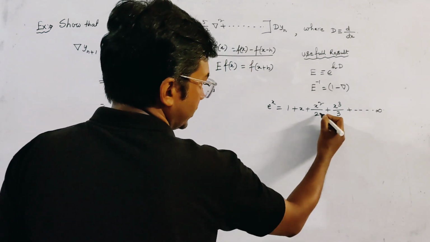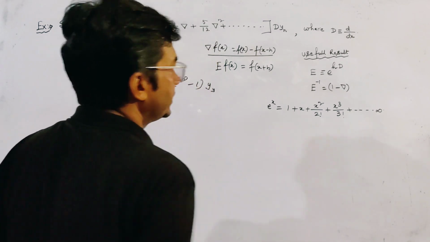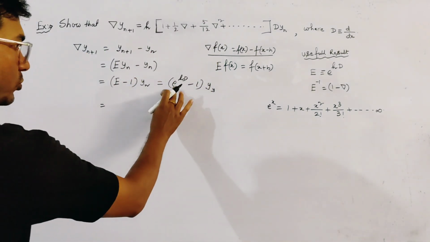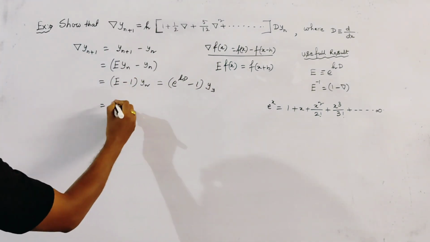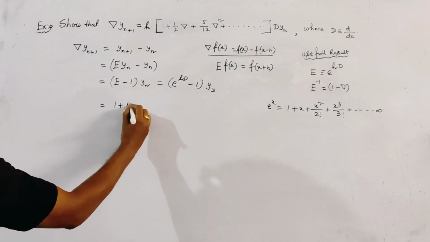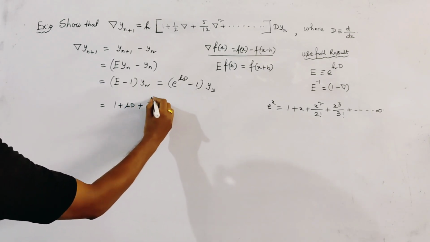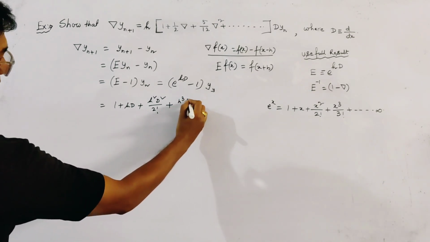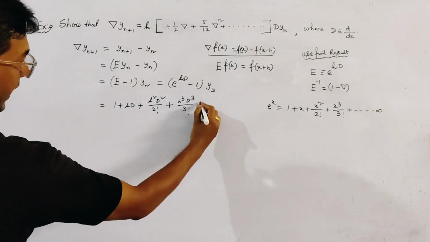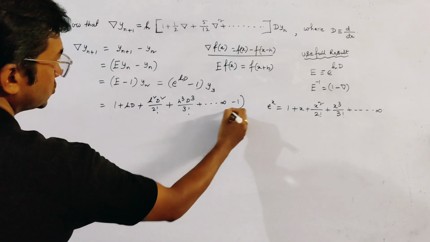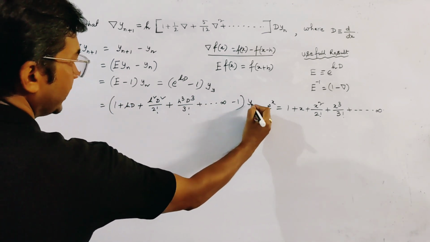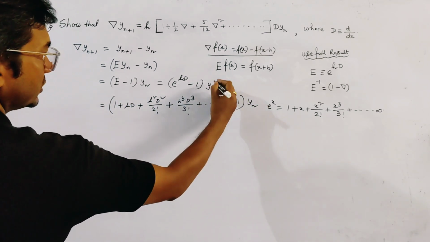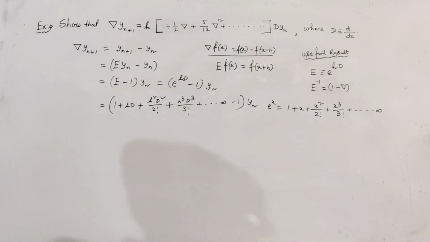Now we put here the series, which gives 1 plus hD plus h square D square by factorial 2 plus h cube D cube by factorial 3 and so on to infinity, minus 1, into y_n.